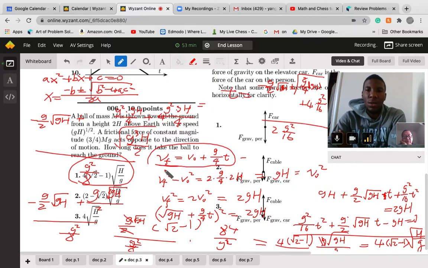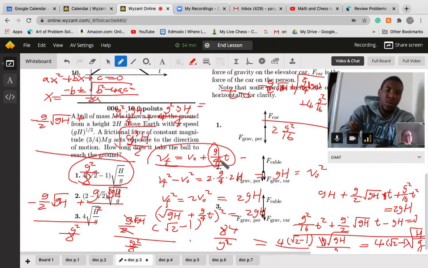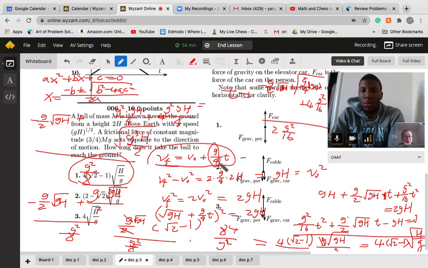I understand the formulas used. See, the final speed equals initial speed plus acceleration times time. So we already found the acceleration of this ball, that's g over 4. Because this ball has 2 forces acting on it.